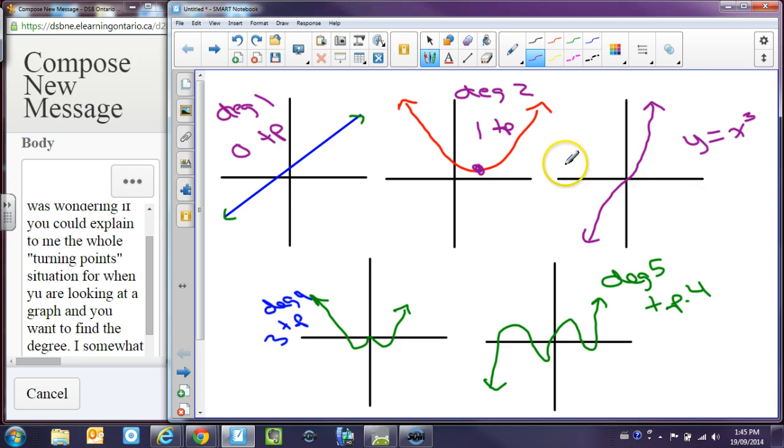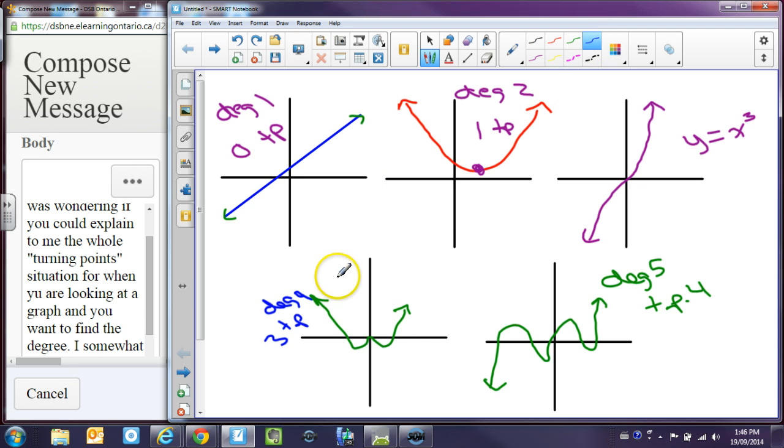So the rule really is, for first degree and second degree, the number of turning points is one less than the degree. But in these other ones, the maximum number of turning points is one less. So a cubic can have two turning points, but in some cases it has, I don't know if you define that as 1 or 0. Down here, same thing. I've got the 1, 2, 3 turning points, the 1, 2, 3, 4 sections of graph: a decrease, an increase, a decrease, and an increase.